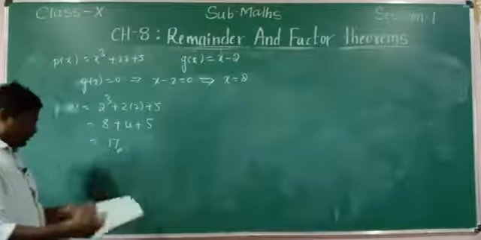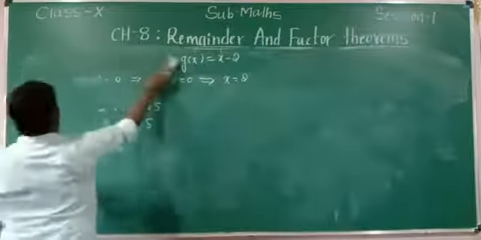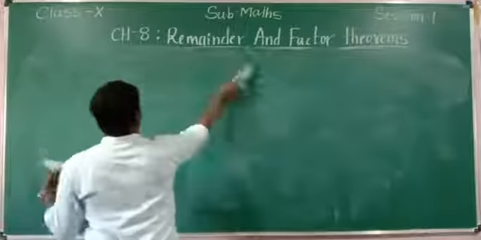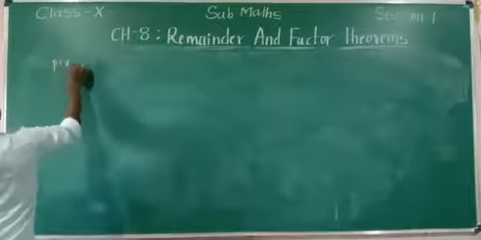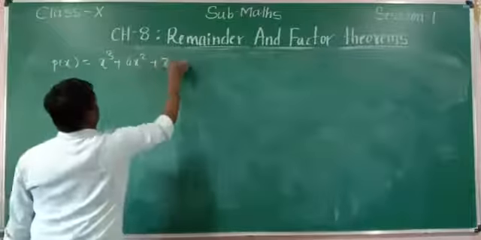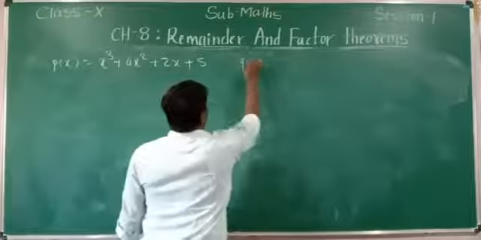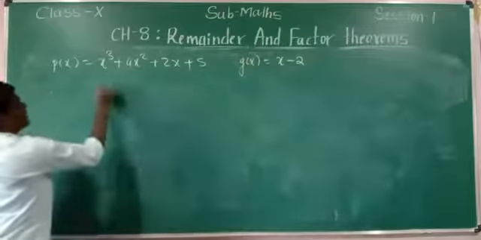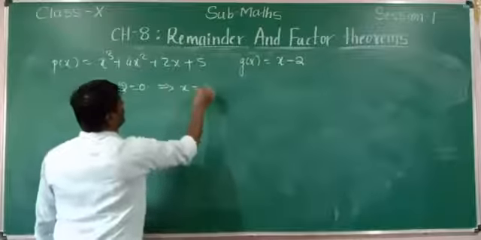Okay. See the next question. Polynomial p of x equal to x cube plus 4x square plus 2x plus 5 is divided by g of x equal to x minus 2. Now x minus 2 is equal to 0, then x is equal to 2.